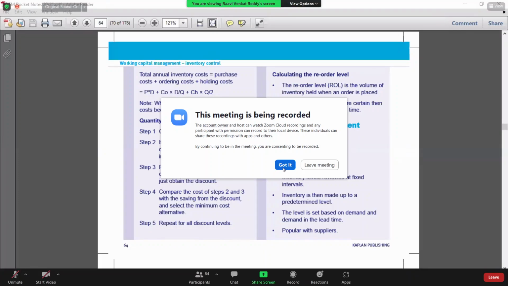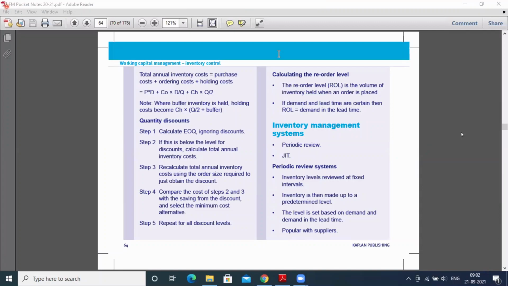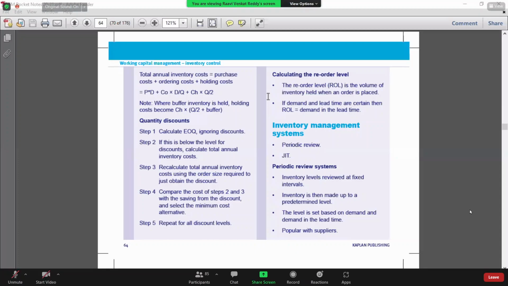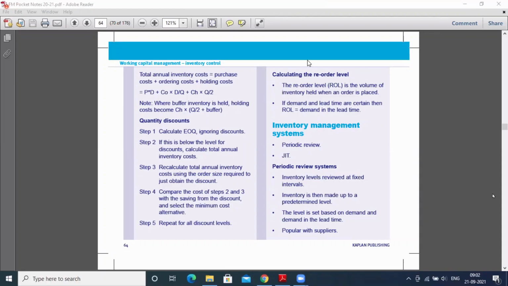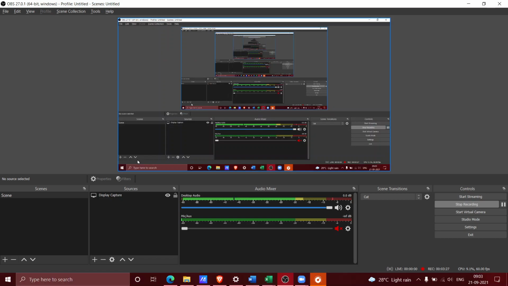Recording in progress. So I hope EOQ calculation is clear for all. In continuation to economic order quantity, we will also discuss how to calculate the total annual inventory cost.